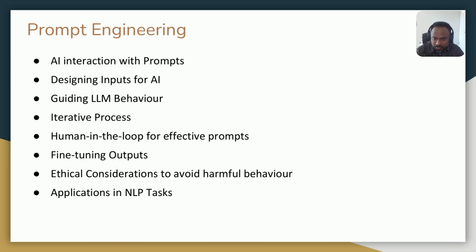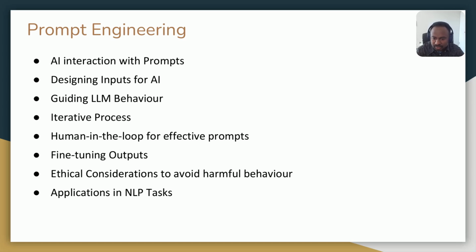In that iterative process, of course, the humans will be involved. So human in the loop is done for adjusting the prompts based upon the output which we get, and how prompts can be leveraged for fine tuning the outputs.